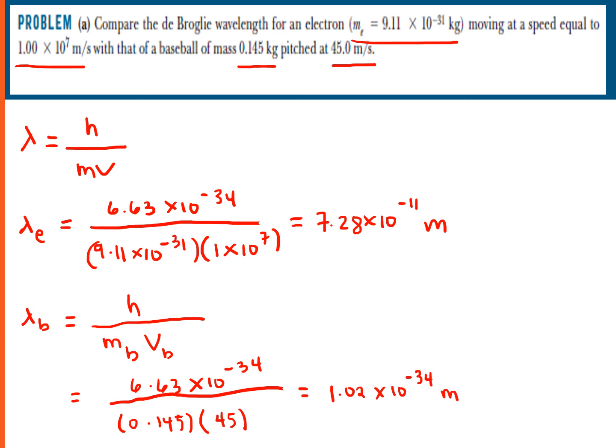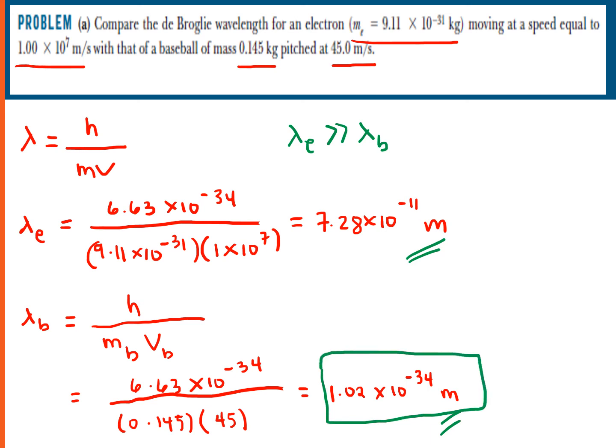So what do these values imply? Now if you notice, the de Broglie wavelength of the electron is way bigger compared to the de Broglie wavelength of the baseball. In fact, this number here, 1.02 times 10 to the power of negative 34, is relatively a very small number, almost negligible. So this means that it is very unlikely for us to observe a baseball behaving like a wave because its wavelength is nearly zero.